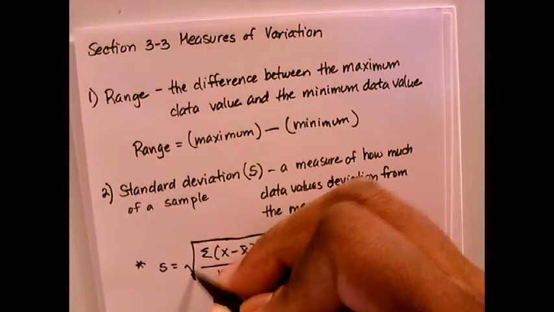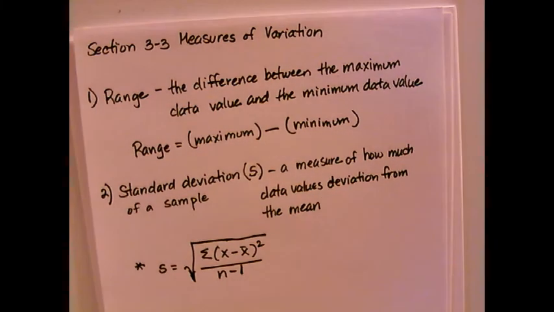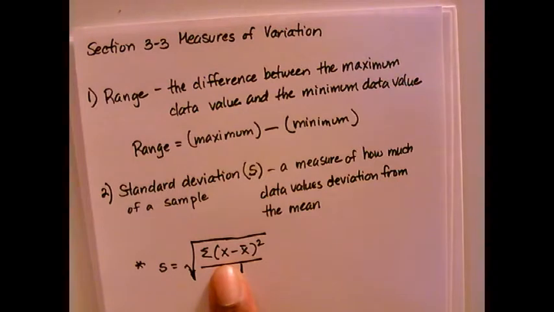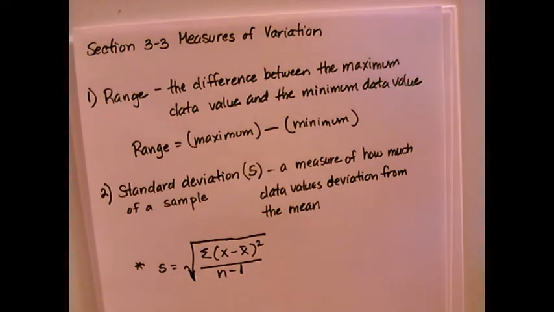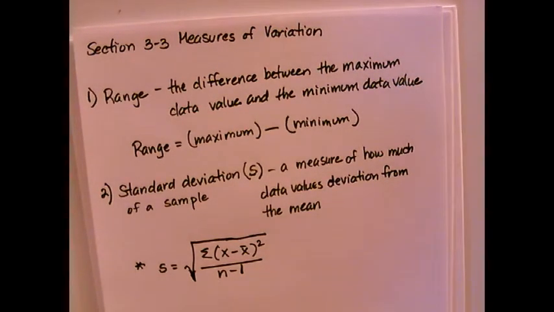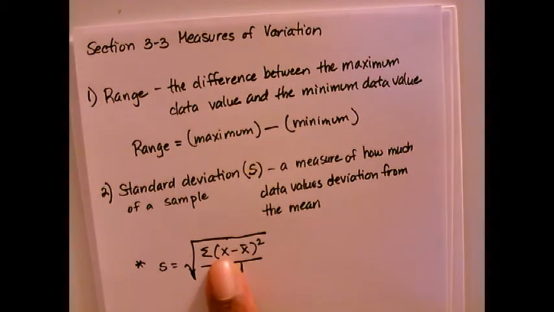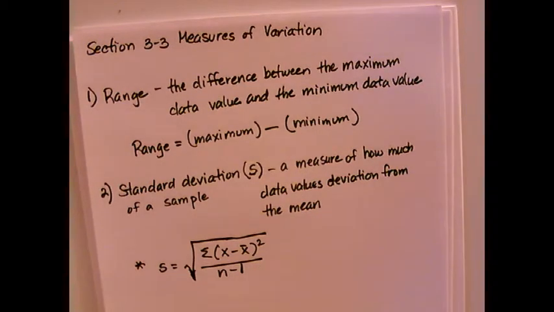This is the formula for finding the sample standard deviation. What this means is you take each individual x value and subtract it from the mean. First you have to find the mean, then subtract your individual data value from the mean, square it, take the sum of those squares, and then divide by n minus 1.